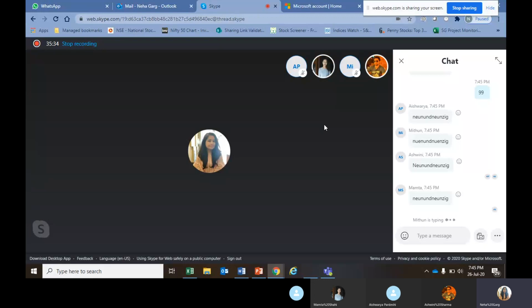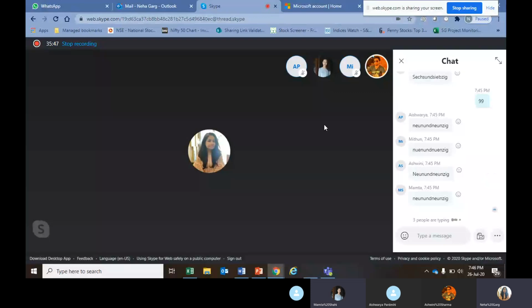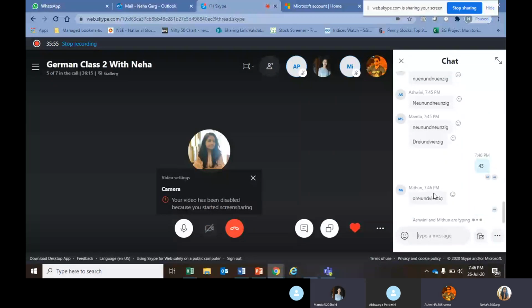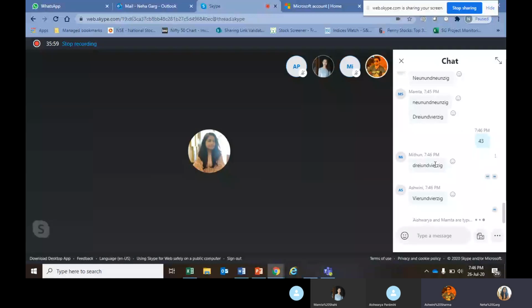How do we write 43? Sehr gut, Mamta, sehr gut, Mithun. Ashwini, das ist falsch. This is wrong. You have written 44 again. You're doing the same mistake, Ashwini.